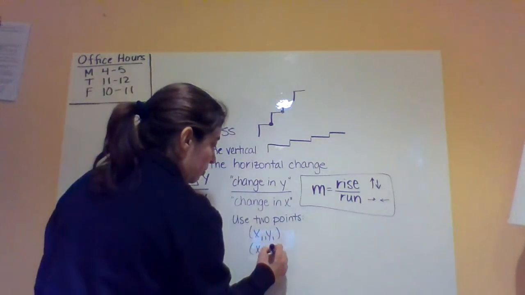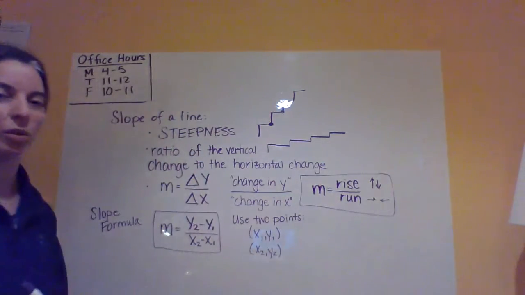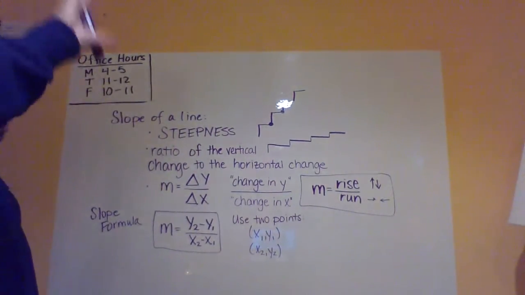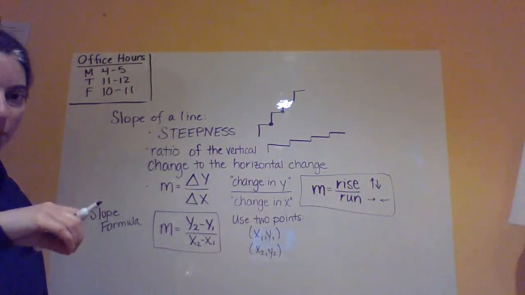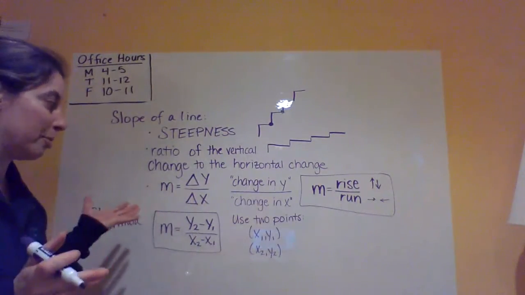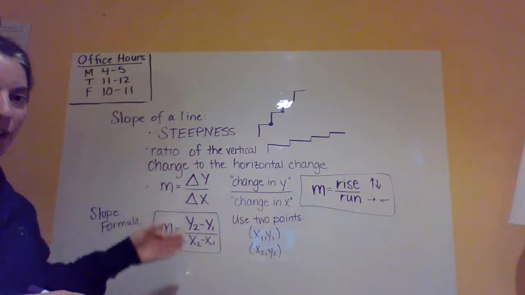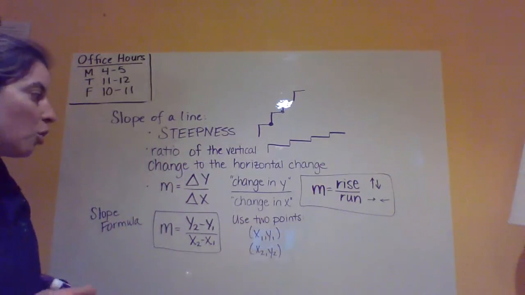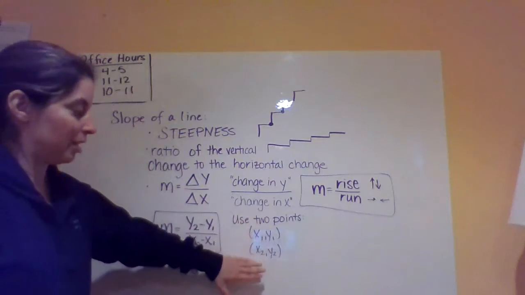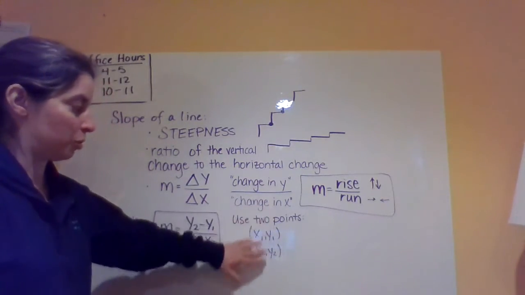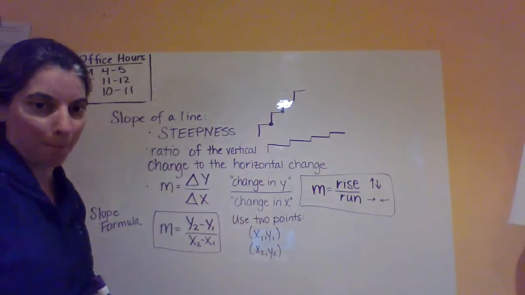And the other point, I'm going to call x2 and y2. It's not squared, it's not an exponent, it's what we call a subscript. Written down at the bottom, it's just a label. So if you want to just think of the slope formula as y minus y over x minus x, that's fine, okay? We'll just see that we have to be consistent about which point we use first, and we'll see that in just a minute.